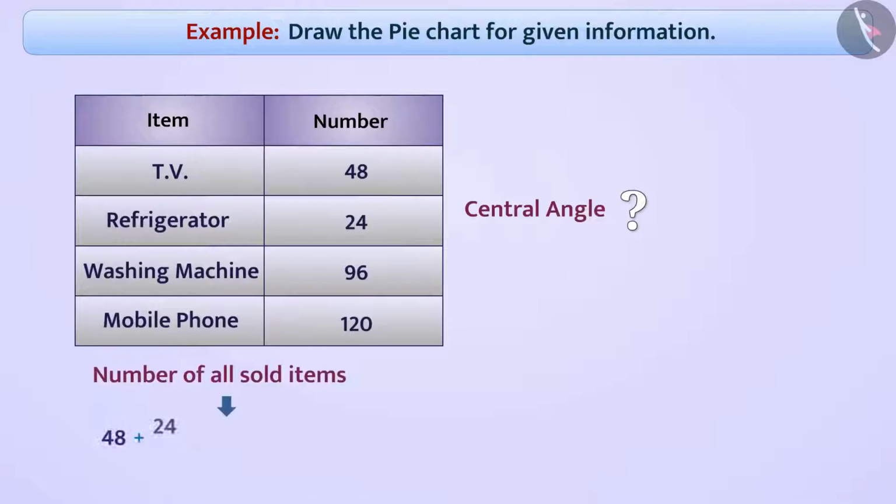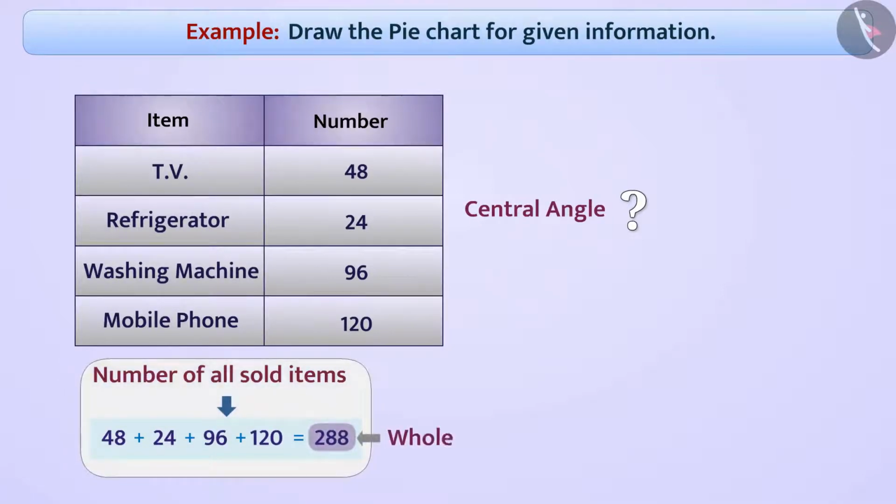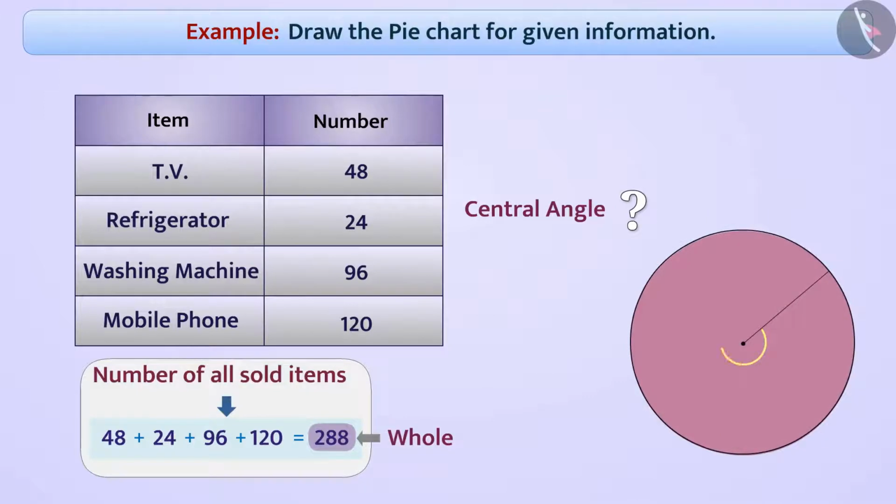48 plus 24 plus 96 plus 120 is equal to 288. We will consider this as a whole. Therefore, in the pie chart, an angle of 360 degrees at the center of the circle will represent the number 288.